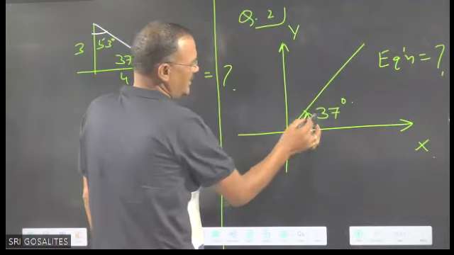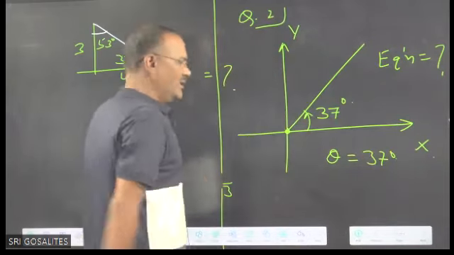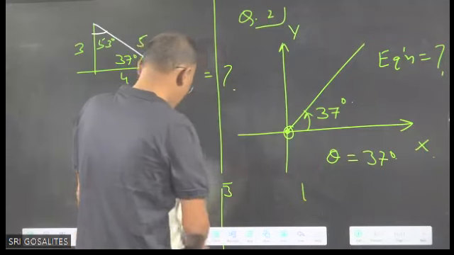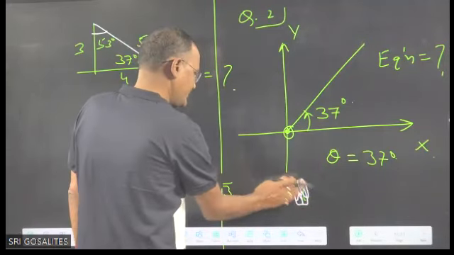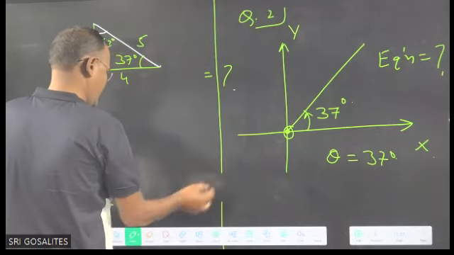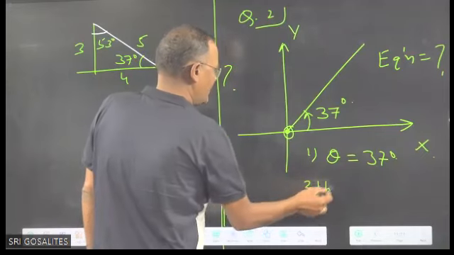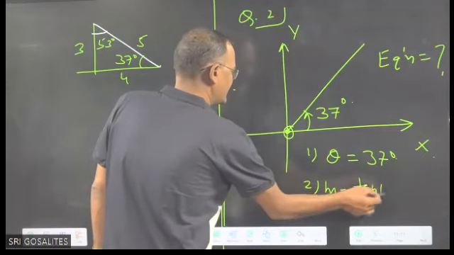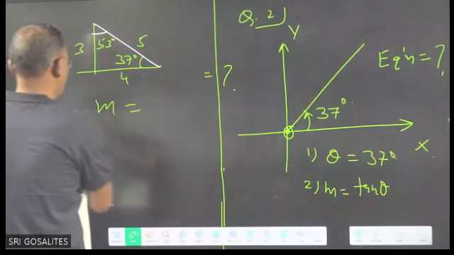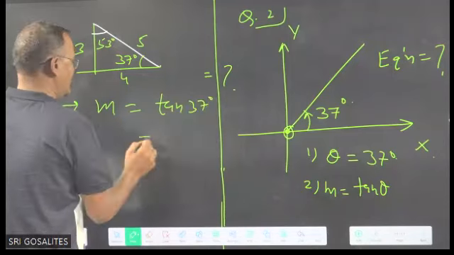So now theta is how much for this question? 37. Where is the line passing from? Origin. What will be the equation then? Theta is 37. m is tan theta. Writing this side. Tan 37 is how much?